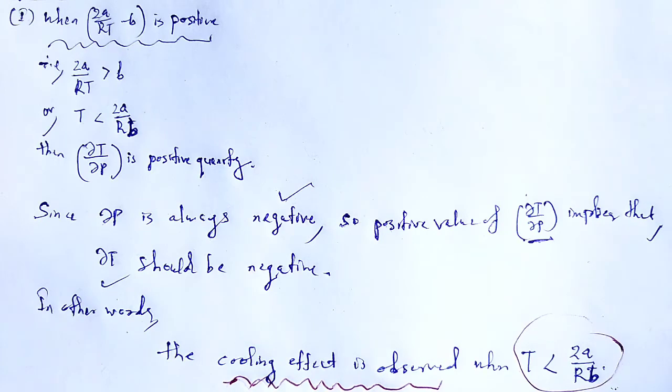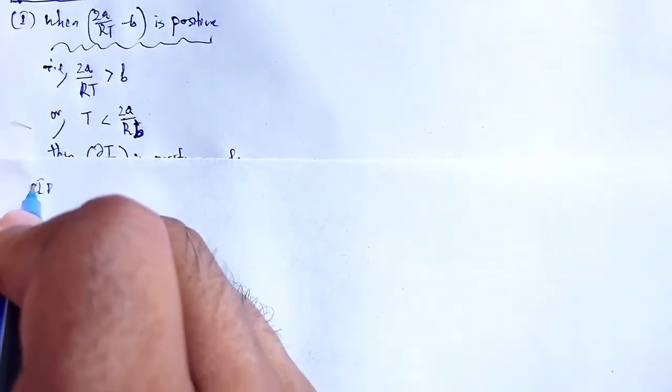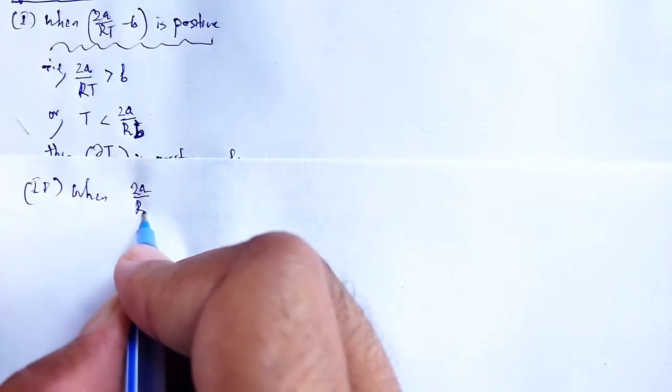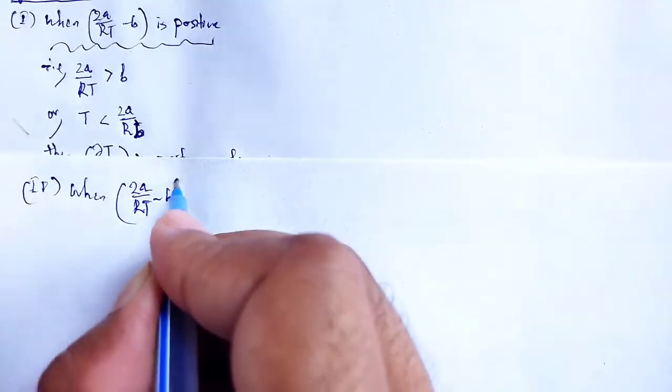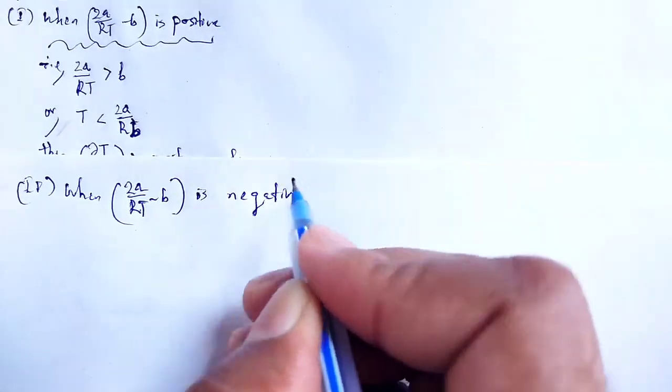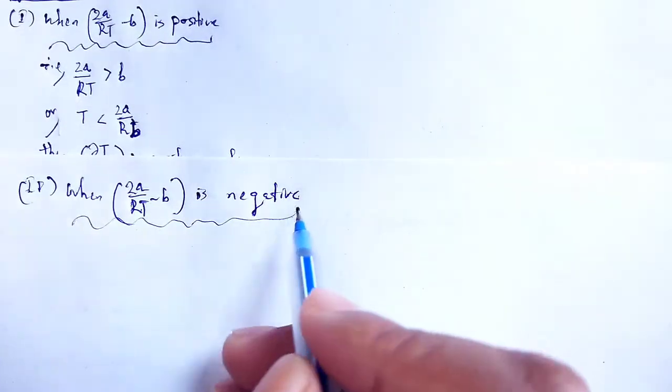Now, case number 2, if the term is negative. Case number 2, when 2a by RT minus B is negative. Negative means that quantity is less than 0.